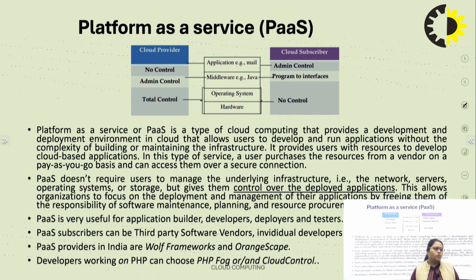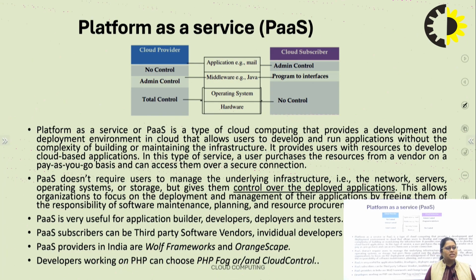So, platform as a service basically provides the facility to create and deploy software over the cloud. And it is also a paid service. In this type of service, a user purchases the resources from the vendor on a pay-as-you-go basis and can access them over a secure connection.